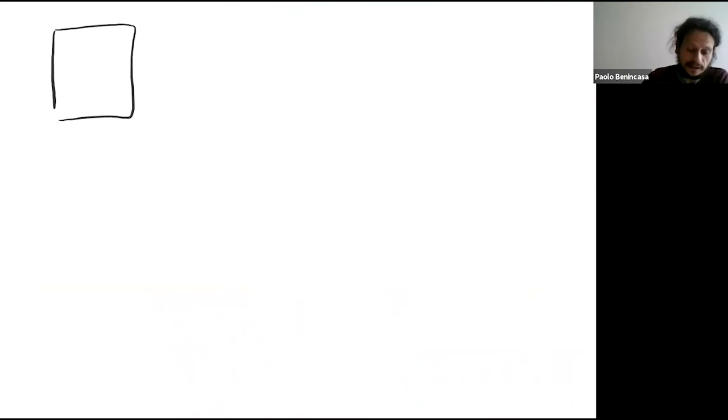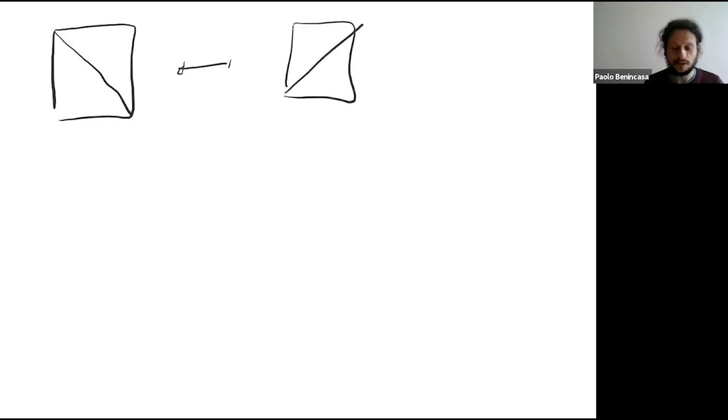For example, if you have a square, you can consider it a combination of two triangles. So you can triangulate a square in these two ways, for example.